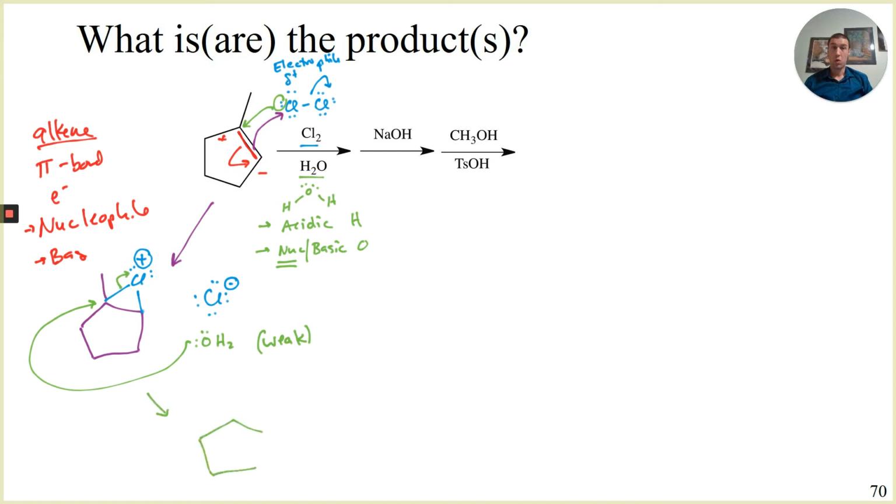And what we would get would be our OH, and I'm going to show it like that, and then our chlorine connected. Water from solution, remember, it's slightly basic, can pick up that hydrogen. We use a black arrow for this. And that would get us to the product of our very first step.